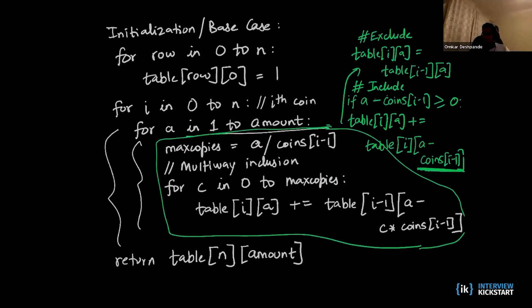Right, so this gets rid of this for loop, and that means we have a double for loop, and this green piece of code is going to run in constant time.